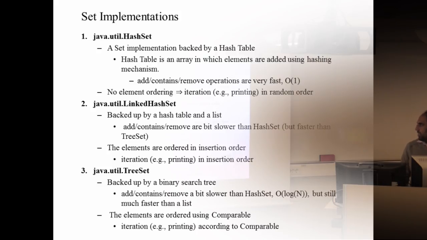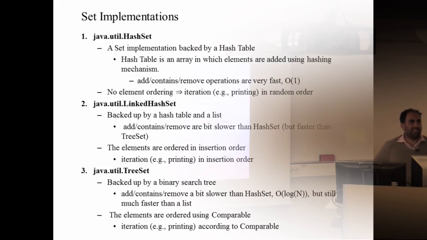Then we have the tree set, which is backed by a binary search tree, a data structure that we normally use for sorting data. It allows you to order the elements using the Comparable interface.